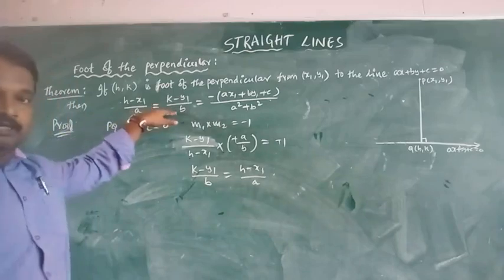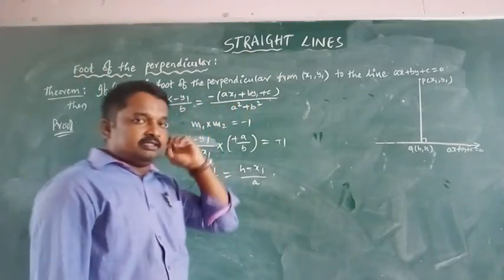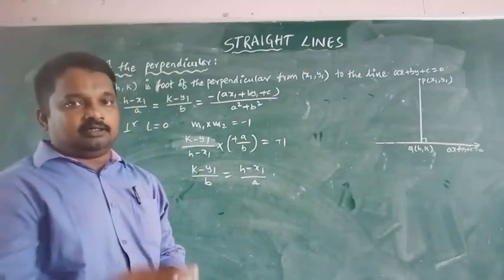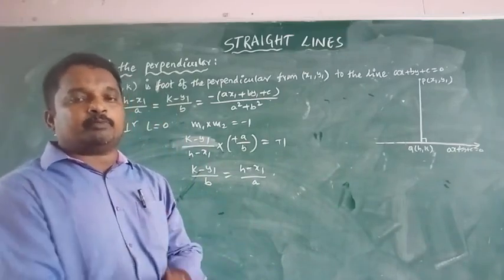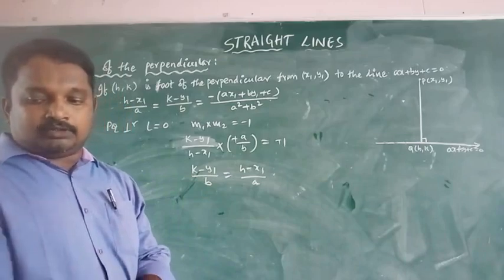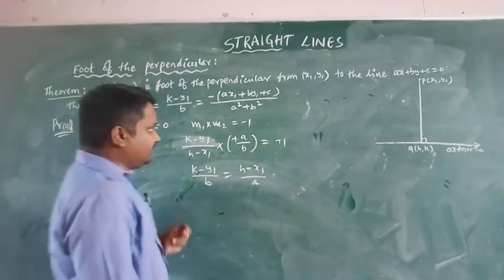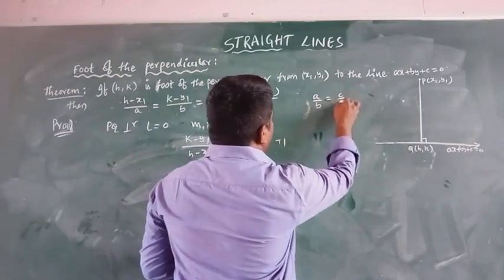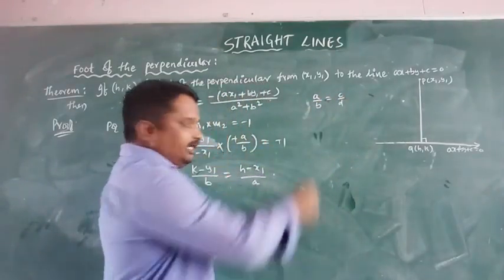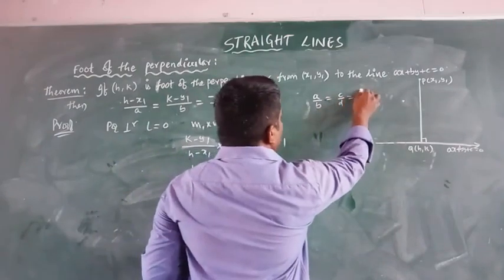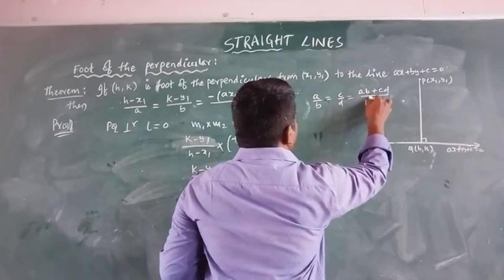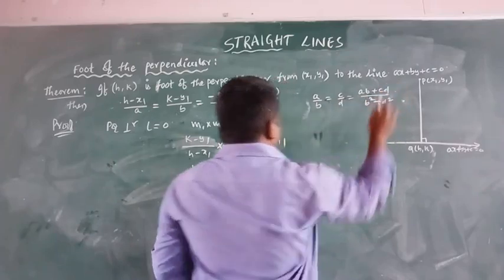Half of the part is completed. Now how do we get the next step? We use the ratio and proportion theorem. For suppose a/b = c/d, then we may write it equal to (ab + cd)/(b² + d²).